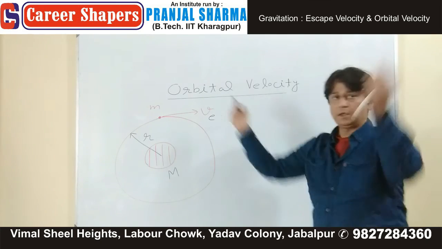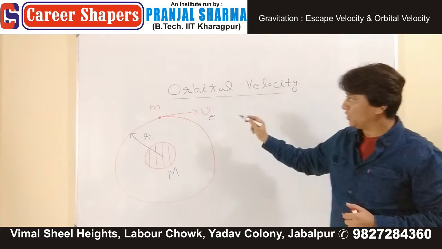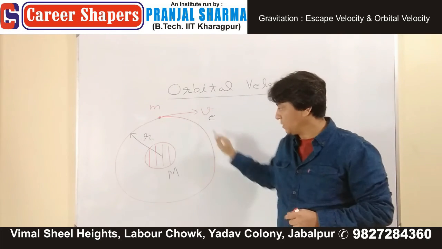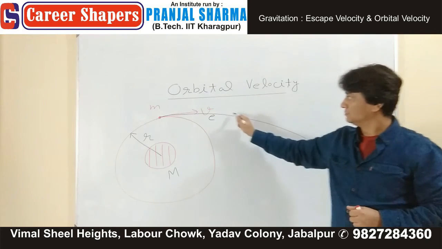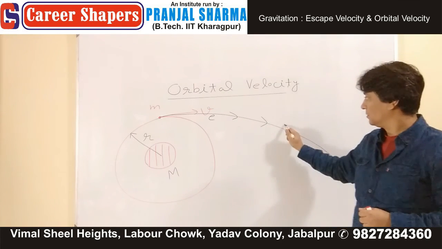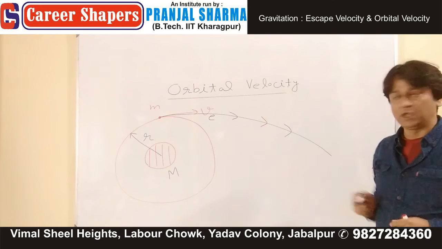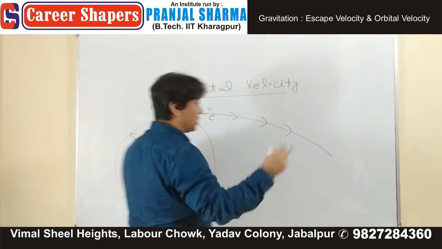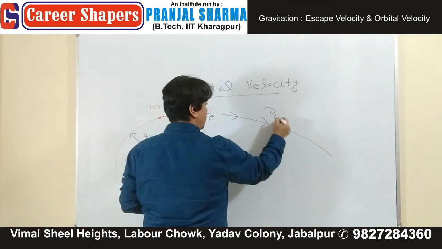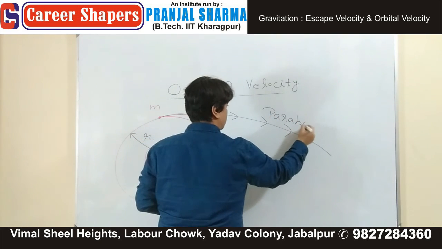So, this is VE, and with VE when you throw it, it cannot complete one round, instead it will move like this. If you throw this thing with VE, it will move like this. You can remember it for your knowledge. This is parabolic trajectory.